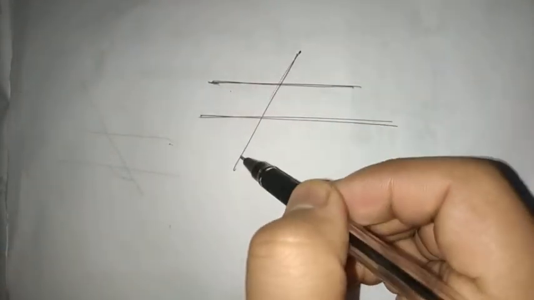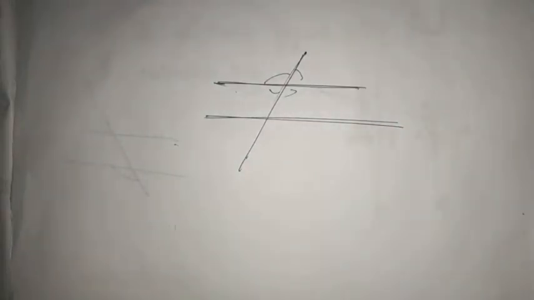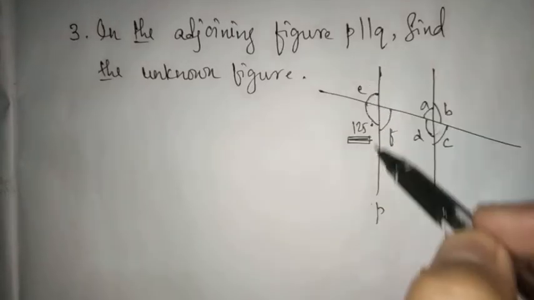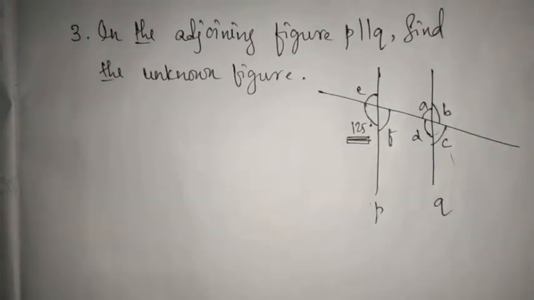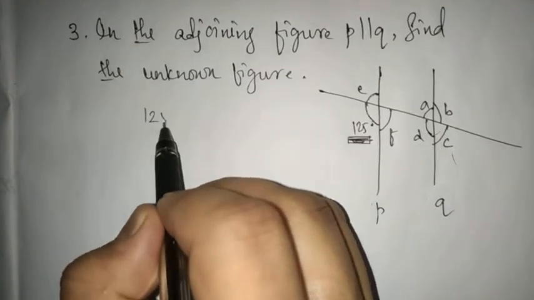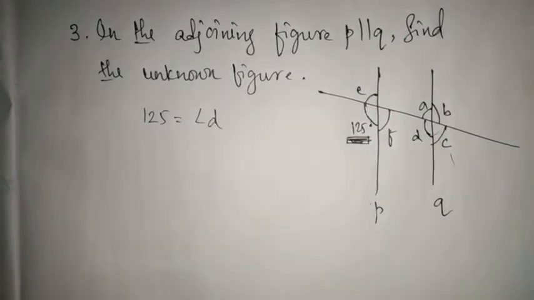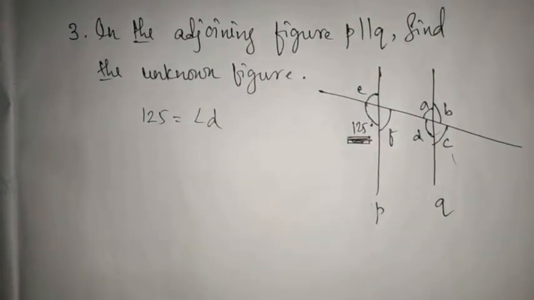One transversal line was there and the angles formed were corresponding, alternate interior, vertically opposite, linear pair. So now only the placement is different, nothing to worry. Over here we have 125, and 125 is equal to angle D, I am going to write. Is it okay? Why do you think this is equal?